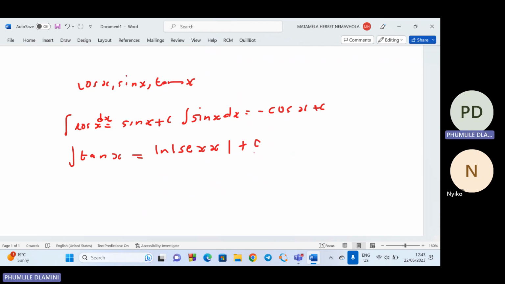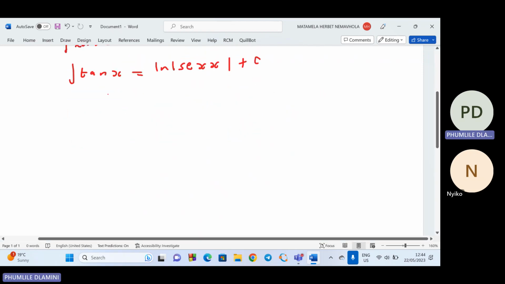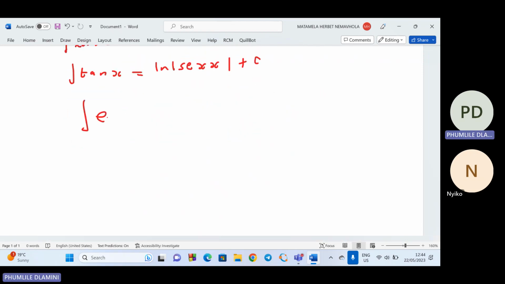So now we also have the integral of e to the power x, which equals e to the power x plus c. And the integral of ln x equals, what is the integral of ln x?